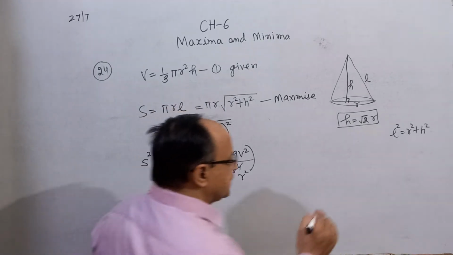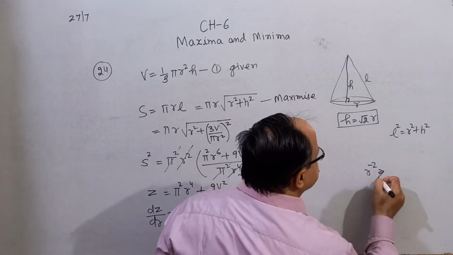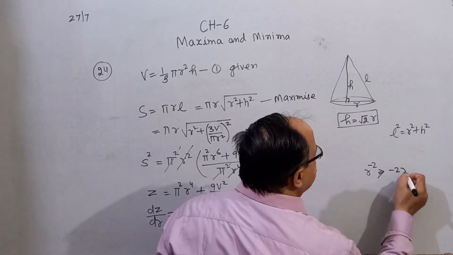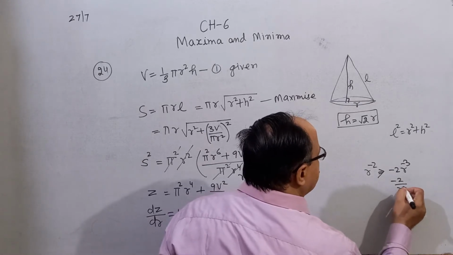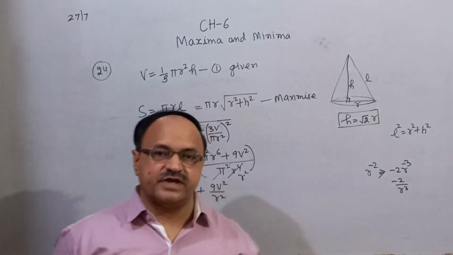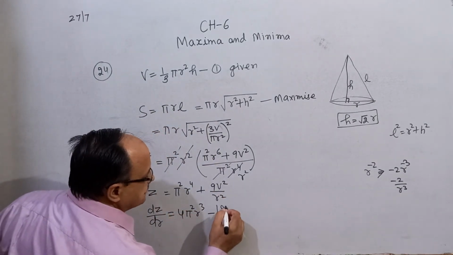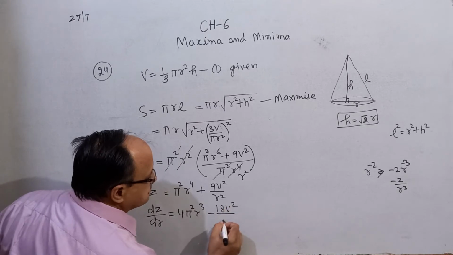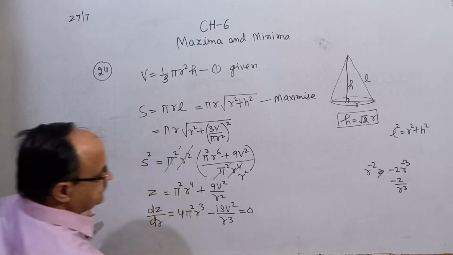You can write 1 by r square as r to the power minus 2, and its derivative is minus 2 r to the power minus 3, therefore minus 2 by r cube. This is the derivative of 1 by r square. So we get minus 18 v square upon r to the power 3. And put this equal to 0.